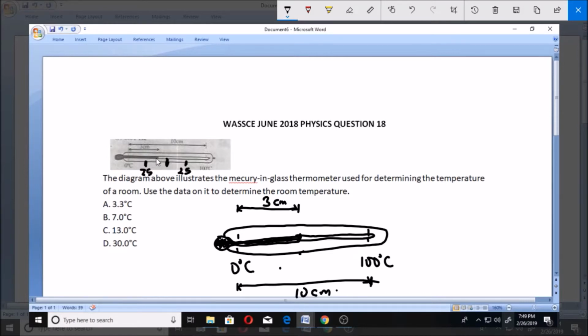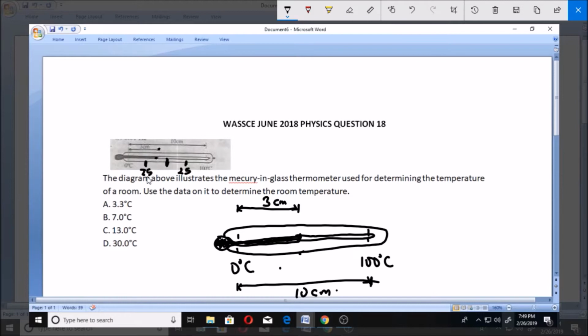So you can then read this to correlate. So what temperature can it give, given that here this is the reading?